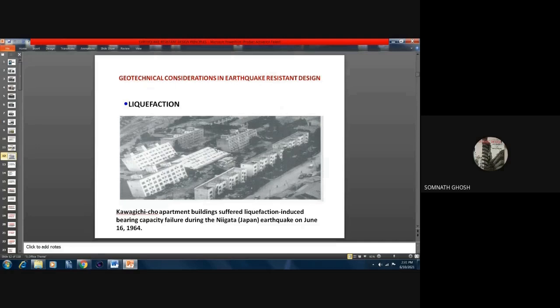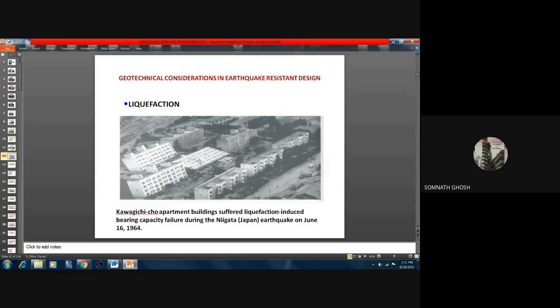And if the soil below the foundation liquefies, then what may happen? It may happen like this. This particular figure is taken from the internet. See, the building is as it is, first tilted like that. These buildings are not affected. This kind of failure is normally observed in case of liquefaction. Right? I'll come to it in detail.